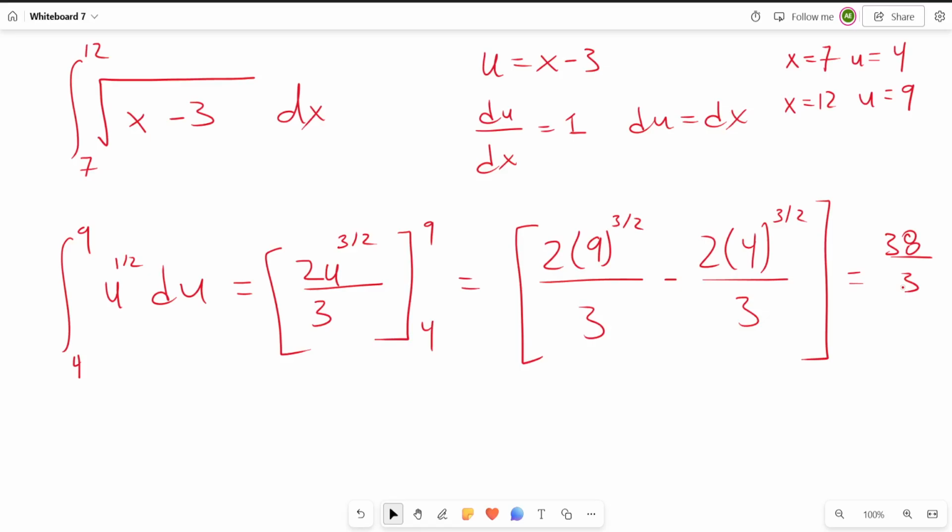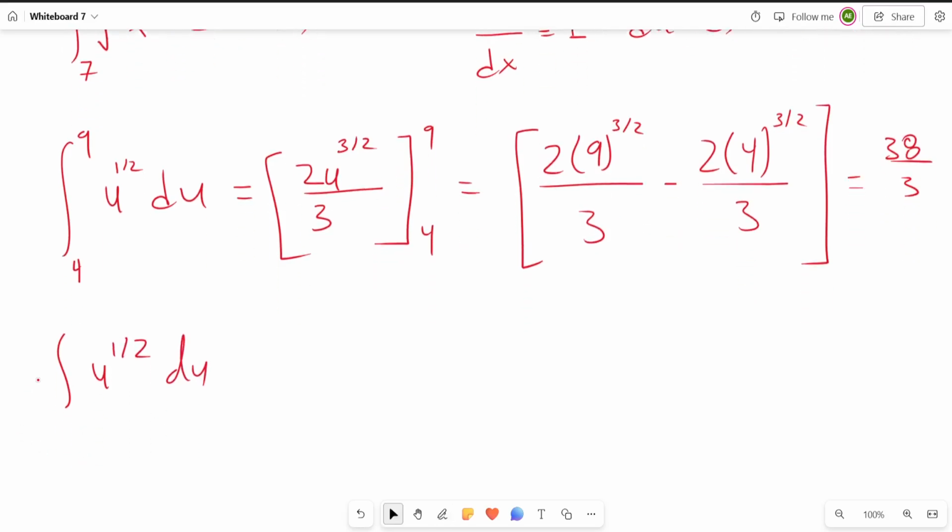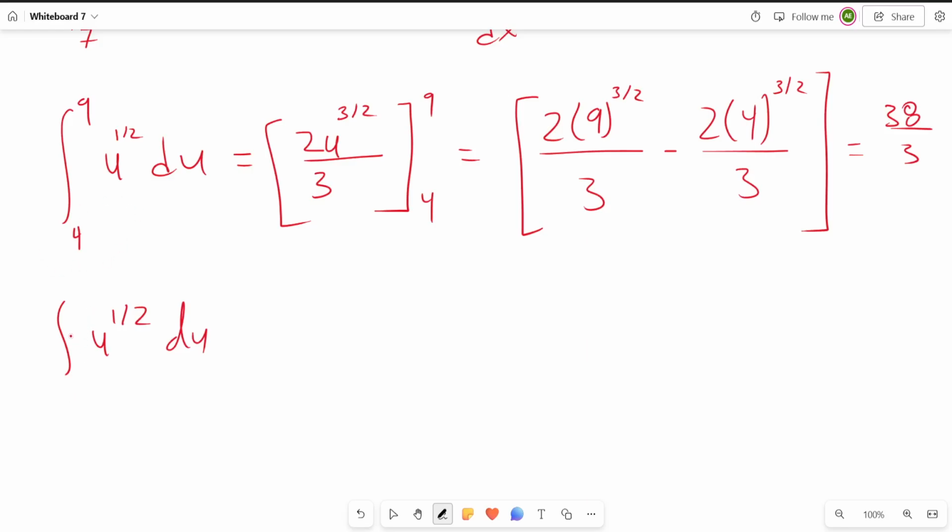The other way is basically not changing the bounds. So coming here, integration of u to the power half du. I'm not going to change the bounds, I'm just going to leave them. I'm going to do my normal integration, which is u to the power 3 over 2, times 2 over 3.